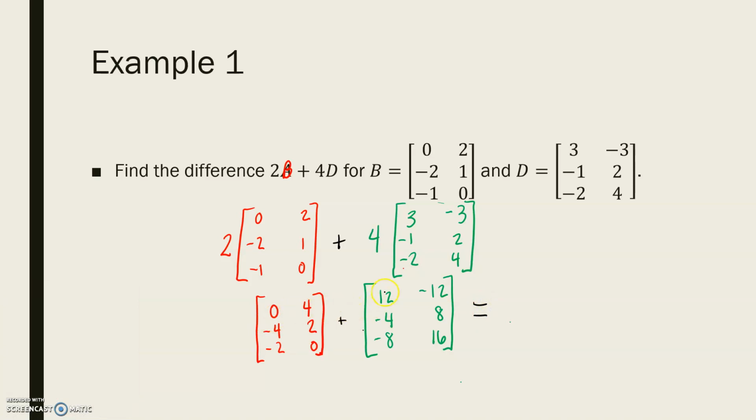So 0 plus 12 would give me 12. 4 plus -12 would give me -8. -4 plus -4 is -8, and 2 plus 8 is 10. -2 plus -8 is -10. 0 plus 16 is 16. So there you go. That's how we would take care of this kind of problem with scalar multiplication.